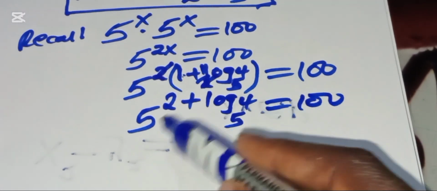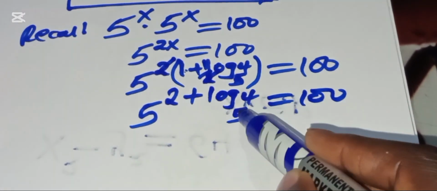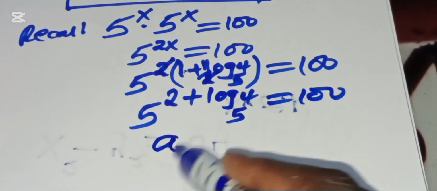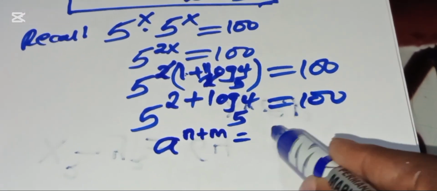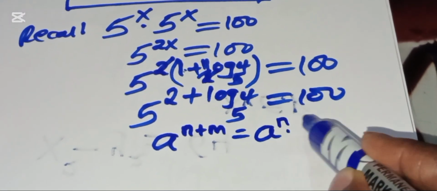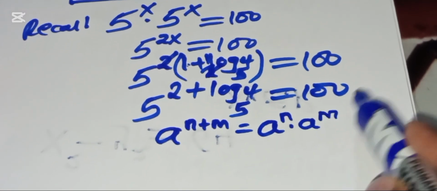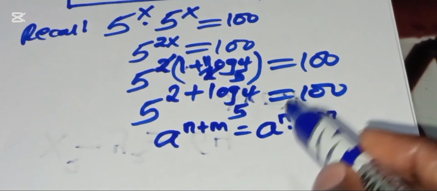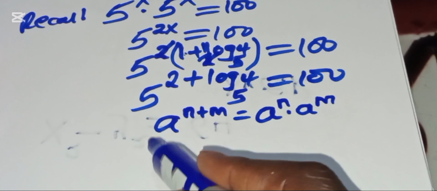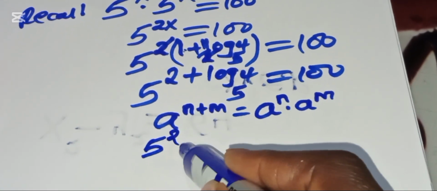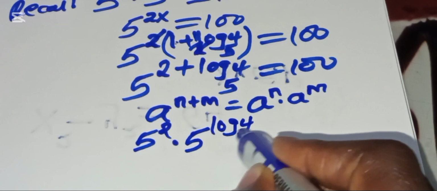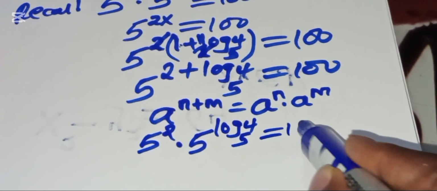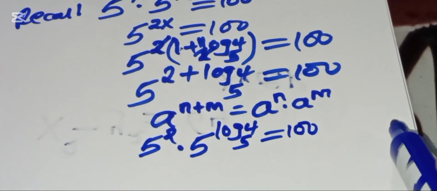Now 5 raised to power 2 plus log 4 to base 5 is in the form of a raised to power n plus m, which we can express as a raised to power n multiplied by a raised to power m. So let's apply this property. We're going to have 5 raised to power 2 multiplied by 5 raised to power log 4 to base 5. This should give us a value of 100.